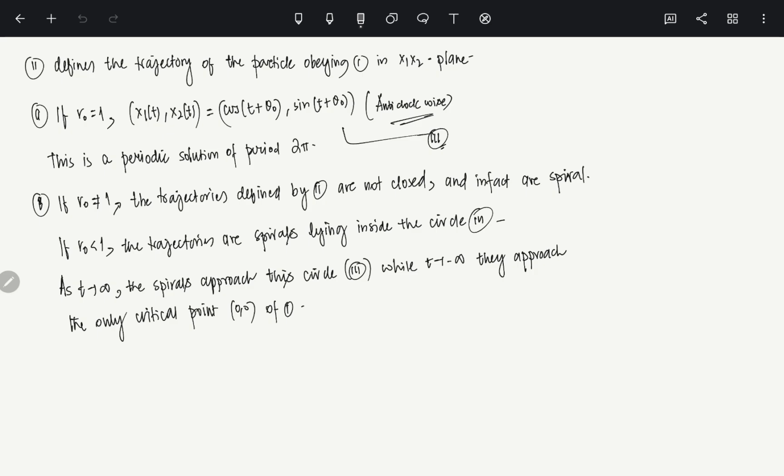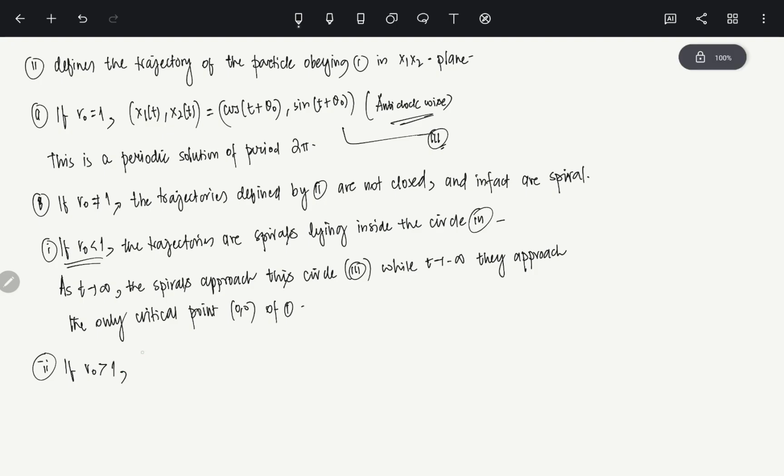Now again, this is for r naught less than 1. Now if r naught is greater than 1, then what happens? The trajectories are not inside the circle but outside the circle.